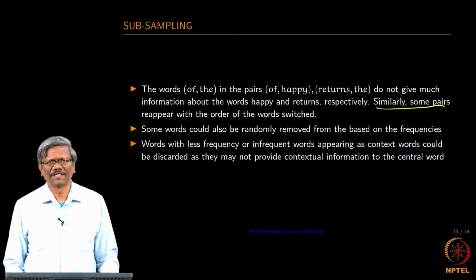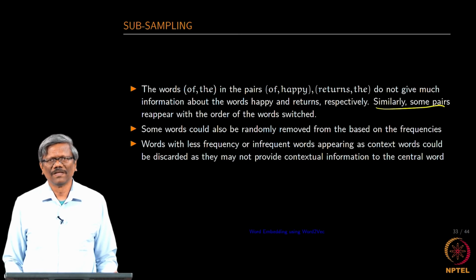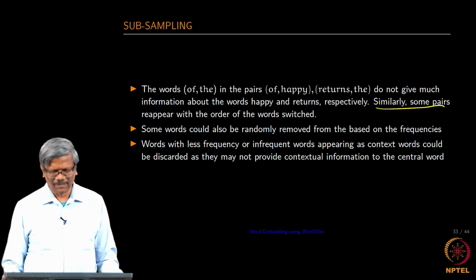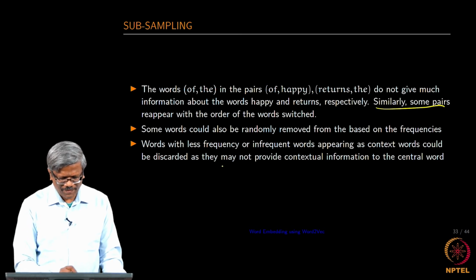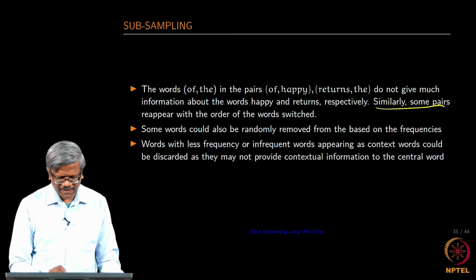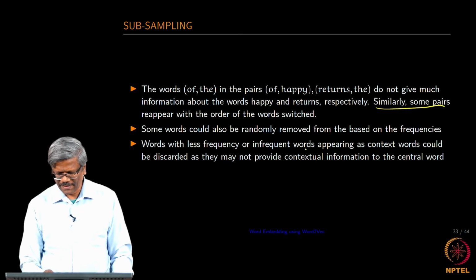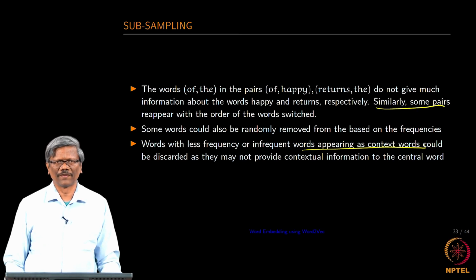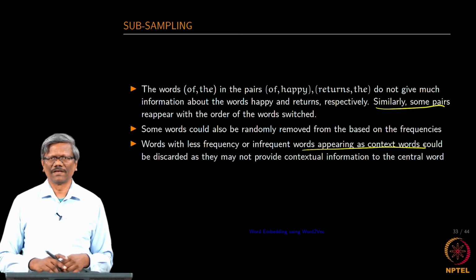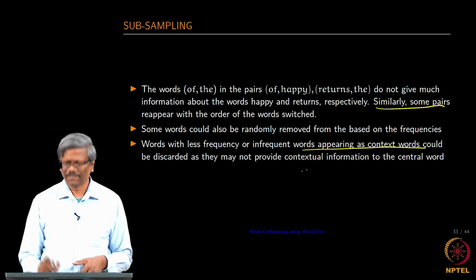Suppose some words appear only once in the entire corpus, that is not going to give us any context, correct. So, we can probably remove that word from there. Again, as I mentioned earlier, some of the words that appear as context words could be discarded if they do not give any contextual information to the central word that we are talking about.